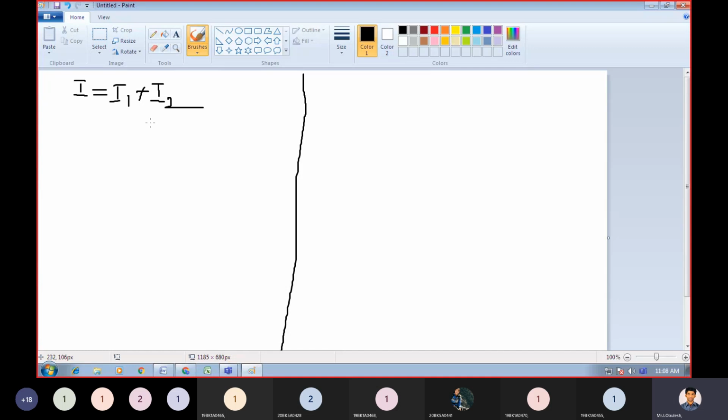Substitute those two values in this equation. That equals I1 means V naught minus V naught of S by RF minus V naught of S by RF.